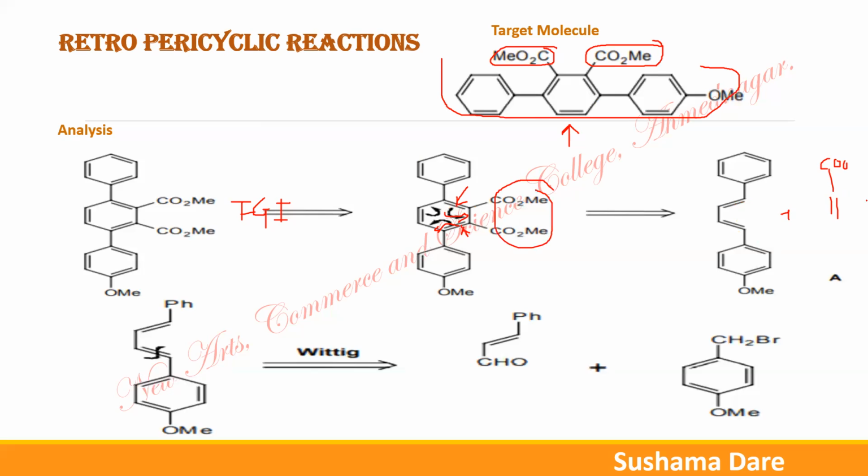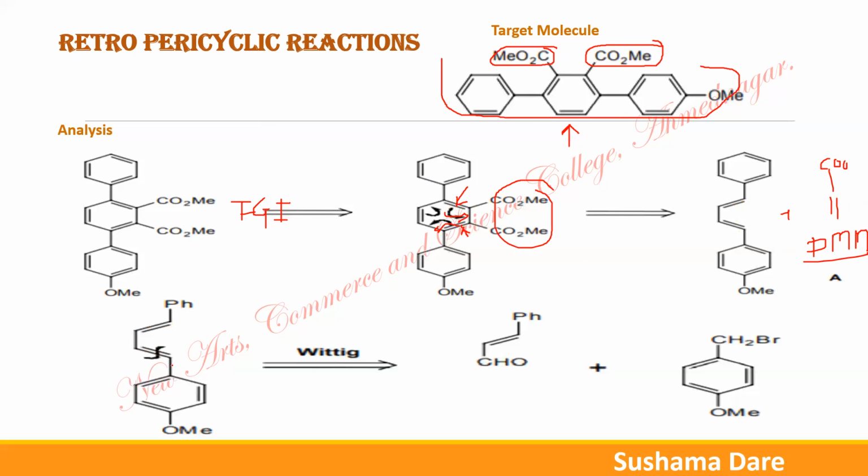It is on the same side. So naturally, it is dimethyl maleate. So it is dimethyl maleate. The stereochemistry is cis.